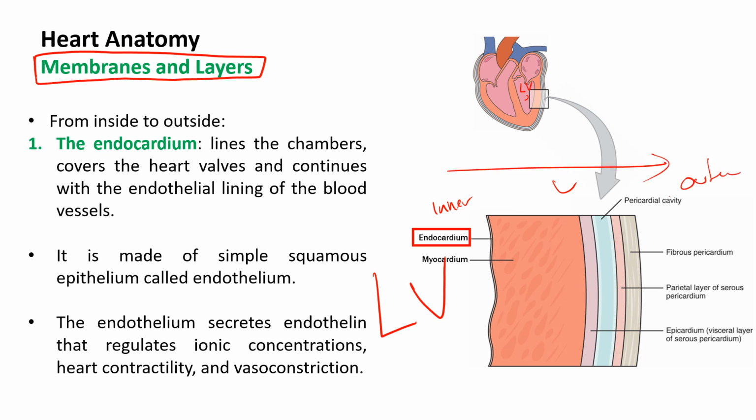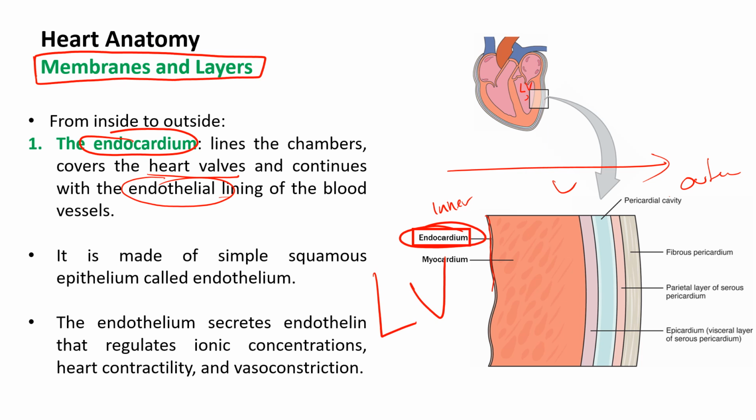Notice that the inner part, the deepest layer of the heart, is this very thin endocardium layer. The endocardium is what covers the heart valves and the heart chambers, and continues with the endothelium lining of the blood vessels.